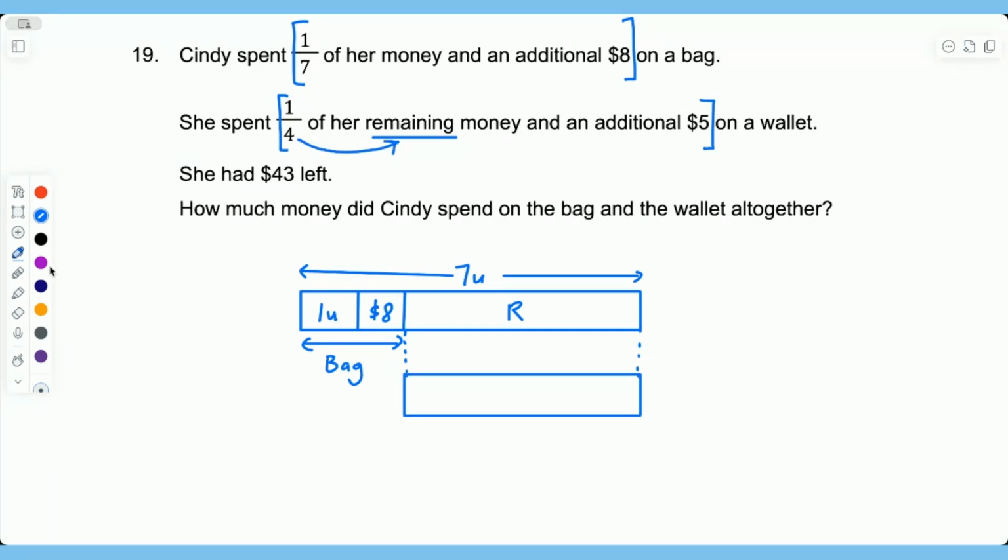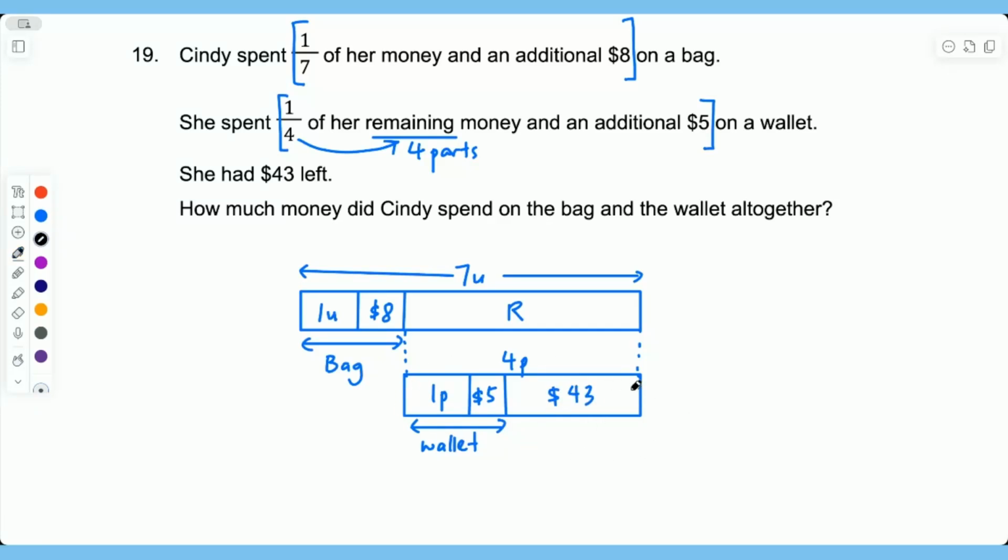Hence, the remainder will have 4 parts. I'll put P for parts, 4 parts. And out of these 4 parts, she spent 1 part and $5 on a wallet. And she's left with $43.